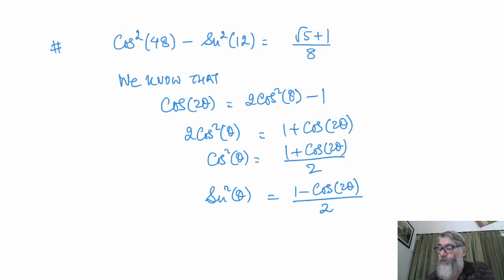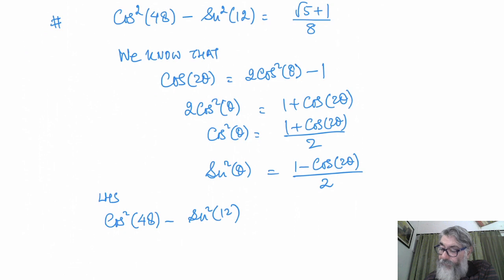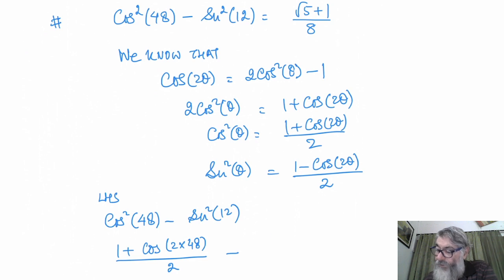Now we have cos square 48 minus sin square 12, that is your left hand side. So instead of cos square 48, I'll write 1 plus cos 2 into 48, which is cos 96, upon 2, minus, instead of sin square 12, 1 minus cos 2 into 12 upon 2.